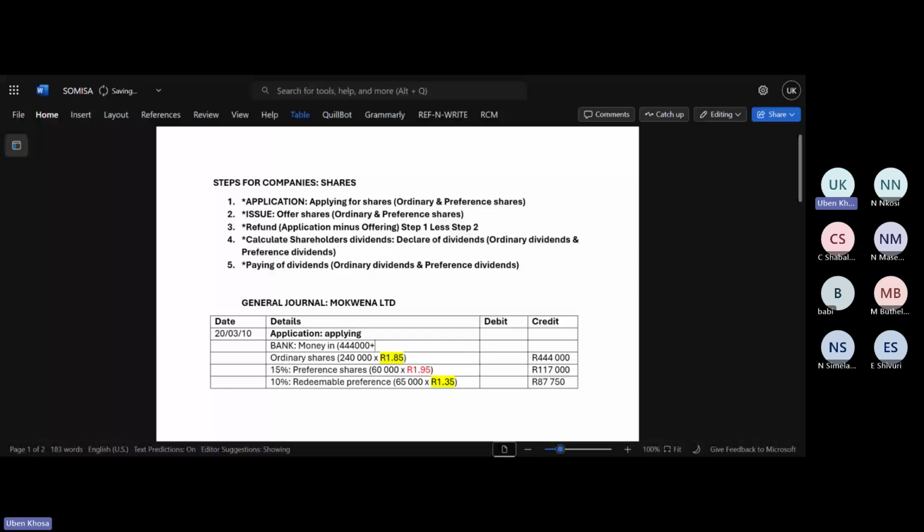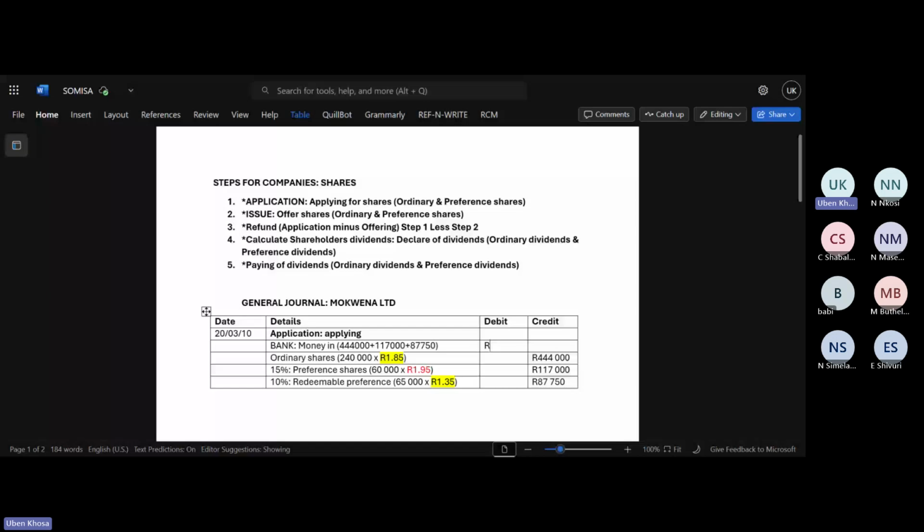They also sent 117,000. They also sent 87,750. So in total, they sent how much for application? 444,000, 117,000, 87,750. They sent us how much? 648,750 in total straight into our bank.